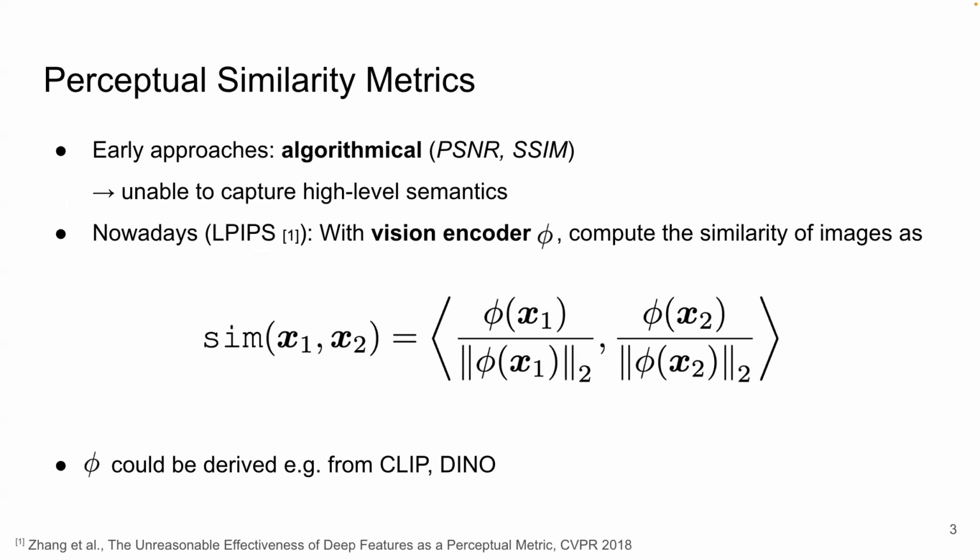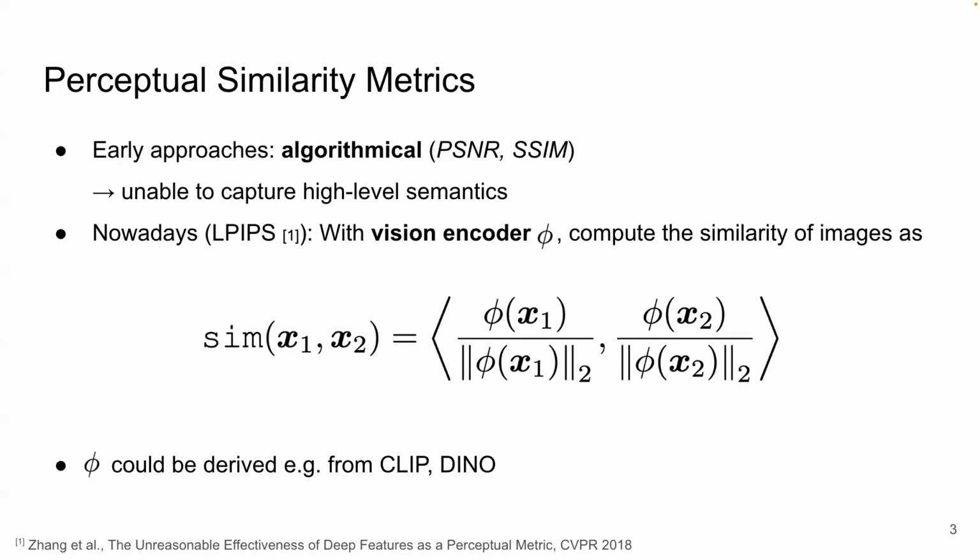So early approaches towards similarity metrics were of algorithmic nature, and thereby they were not able to capture the high-level semantics, but just captured some low-level similarity. But nowadays, introduced by the famous LPIPS model, we can just use a pre-trained vision encoder, phi, and compute the similarity of the images in the feature space of this vision encoder.